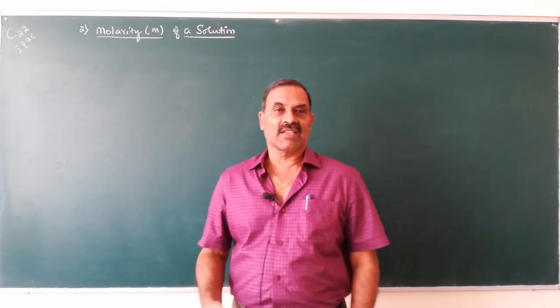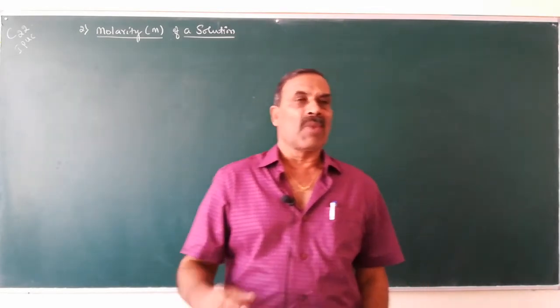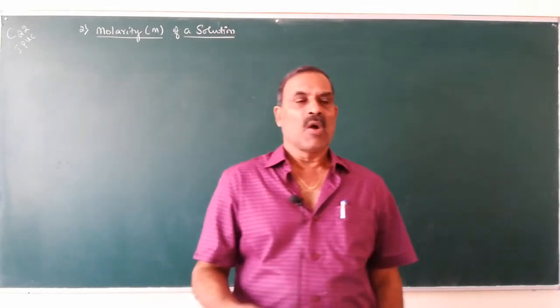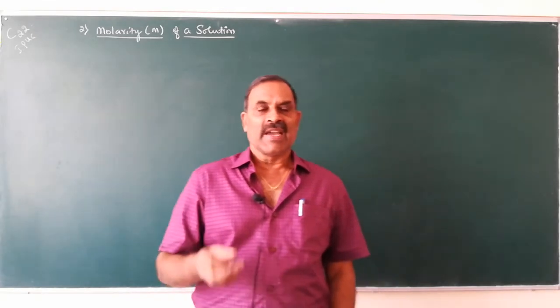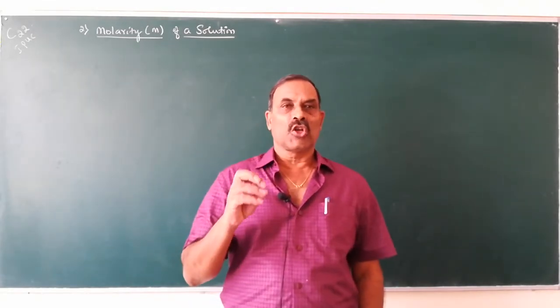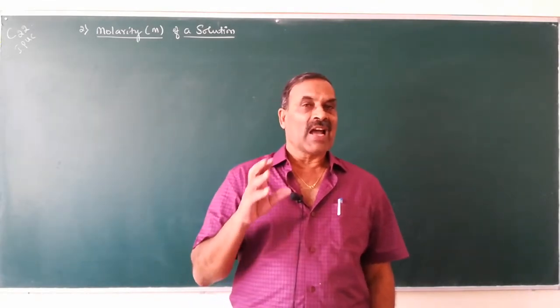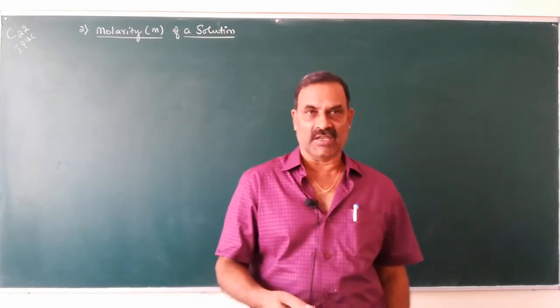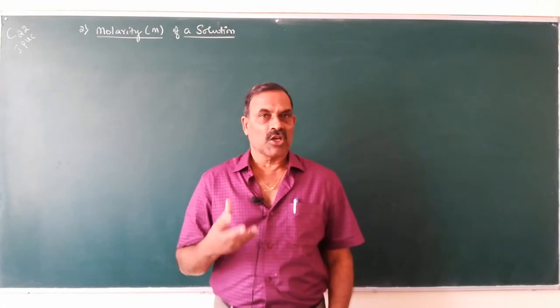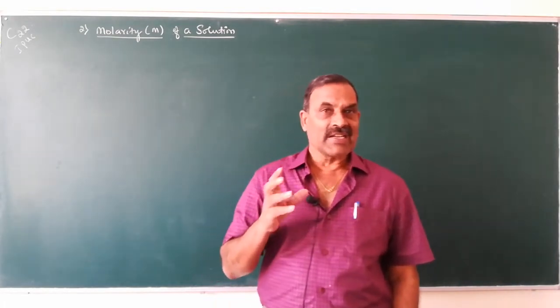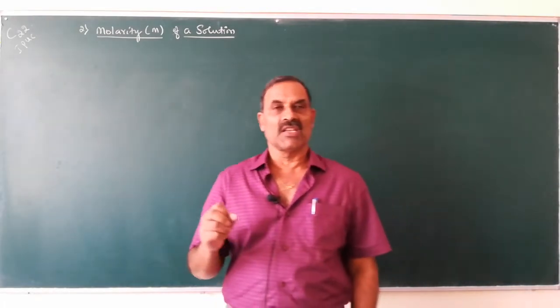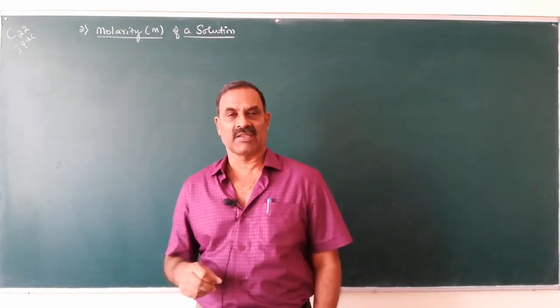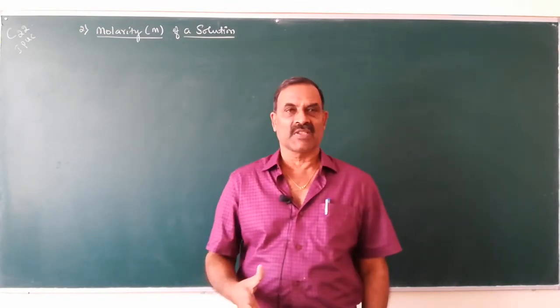In the last class I told you what is mass percent. It is the mass of the solute present in 100 gram of the solution. What is the formula for mass percent?